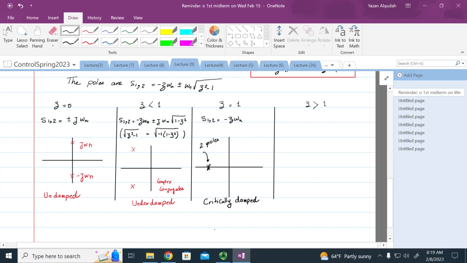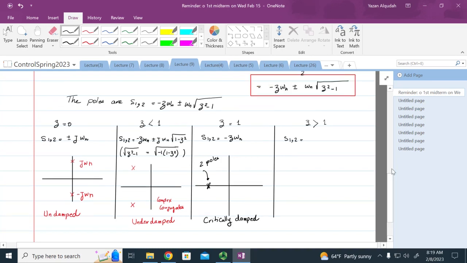And finally, the last case is when we have zeta greater than 1. And in this case, we're going to have negative zeta omega n plus or minus omega n square root of zeta squared minus 1. Where are the roots going to be?